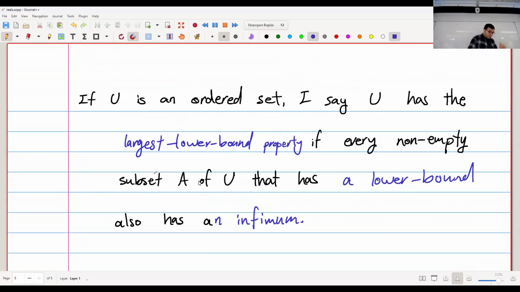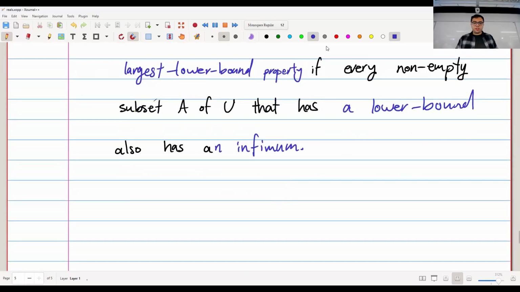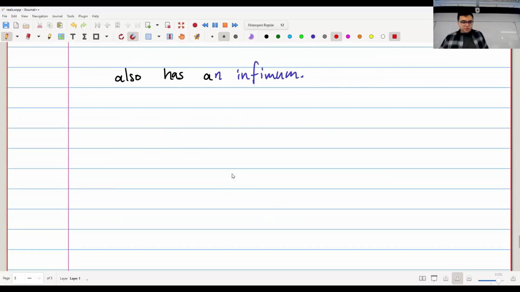Okay. But now the interesting thing is that if I have some ordered set U, it has any of these properties if it has the other one. So these two are actually equivalent. And I'm going to only prove one side of it because the proofs are pretty much the same. So this is my theorem.